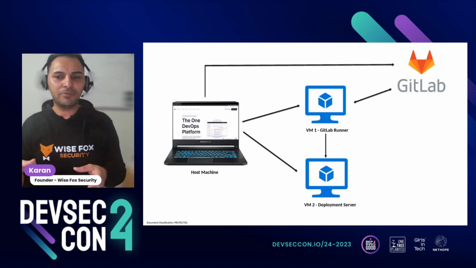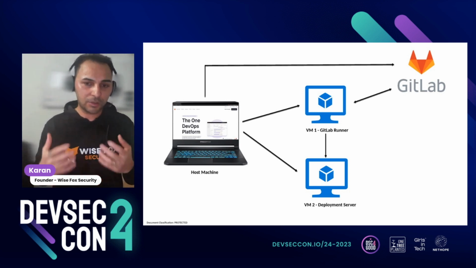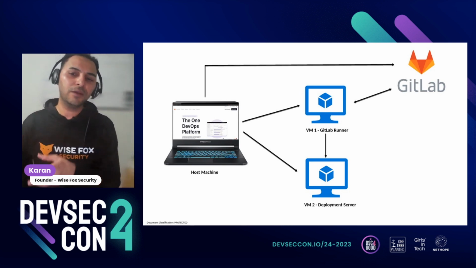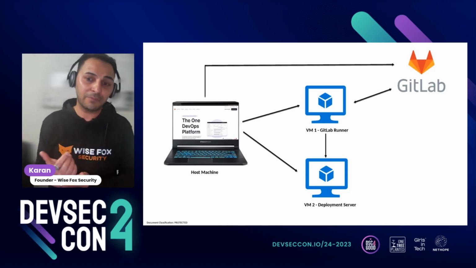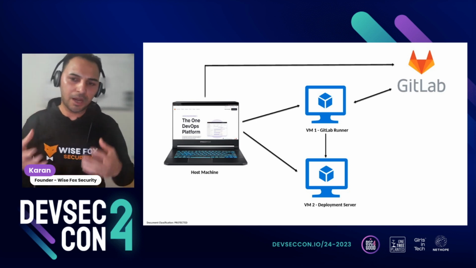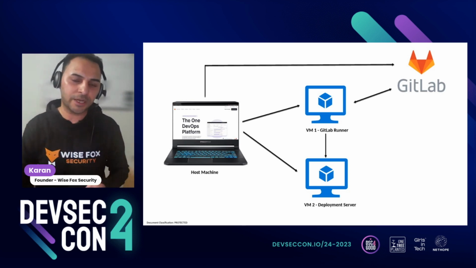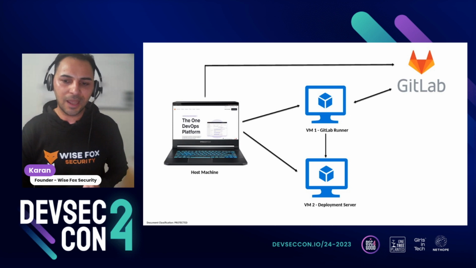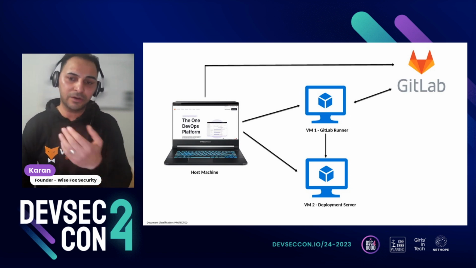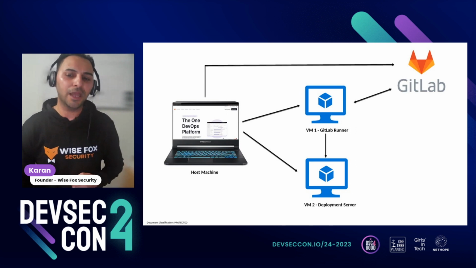Now, GitLab Runner can be self-hosted, like you can host them yourself, or you can use the cloud version of GitLab Runner that will be running on GitLab. I just chose to use my own because it was free. So that's why the whole setup is free of cost. And then I've got another VM which is running Linux, where I will be deploying my application.